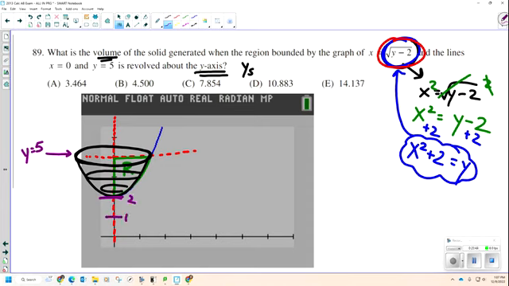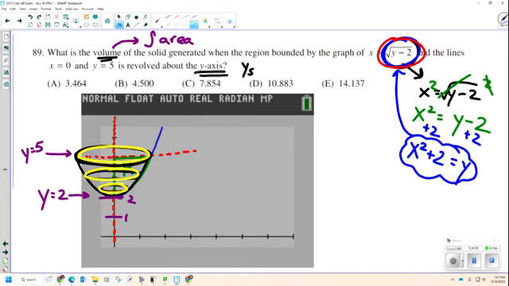This is 1, this is 2, and y is 2. So those are my bounds. So I'm going to integrate. Anytime I want volume, I integrate the area of my shape. Notice that these are circles. Okay, so I'm going to integrate the area of a circle.